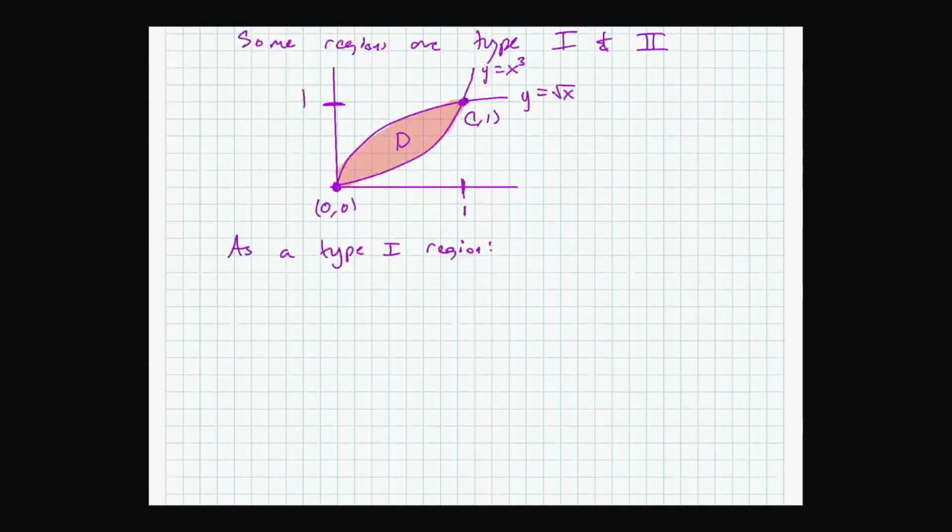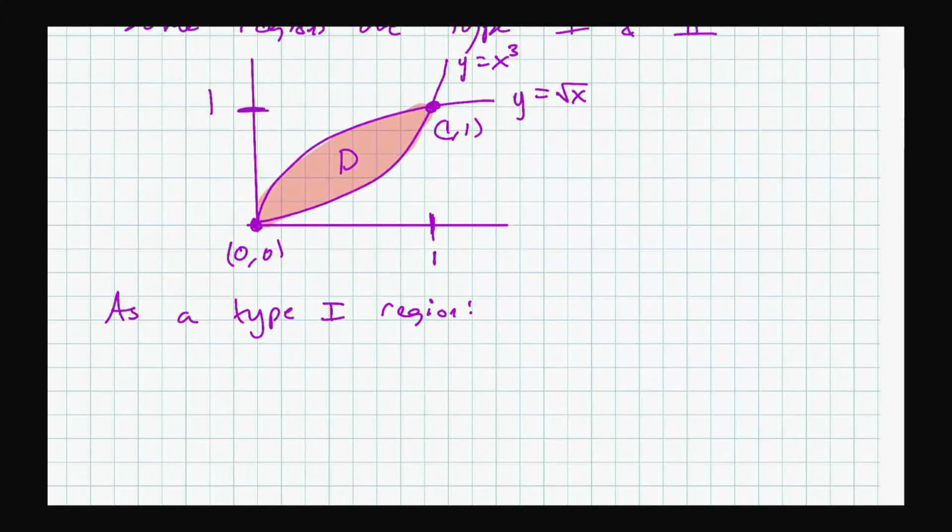So the way you would describe this is, let me rewrite it so I have more room. The set of all x and y such that the x is between 0 and 1, so those are constants, which makes it a type 1 region.